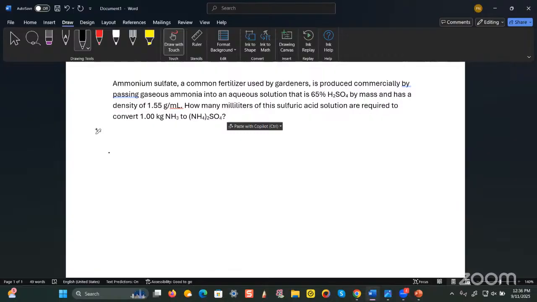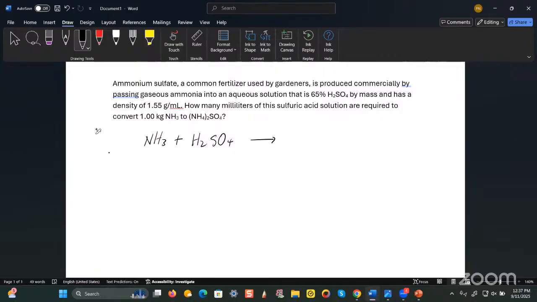Okay, so what would be the reactants in this reaction, based on the information provided in the question? Ammonia, which is NH3, and that will react with H2SO4. Okay, so those are the reactants.